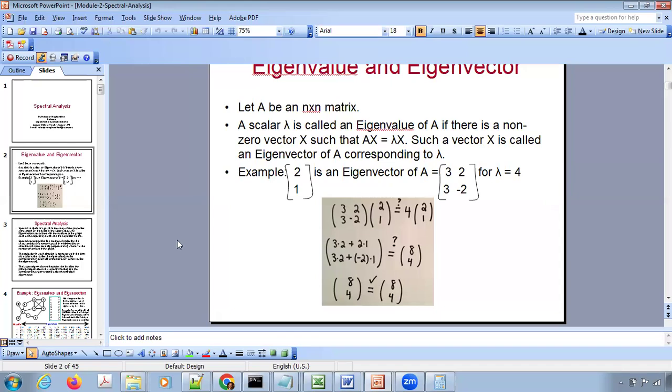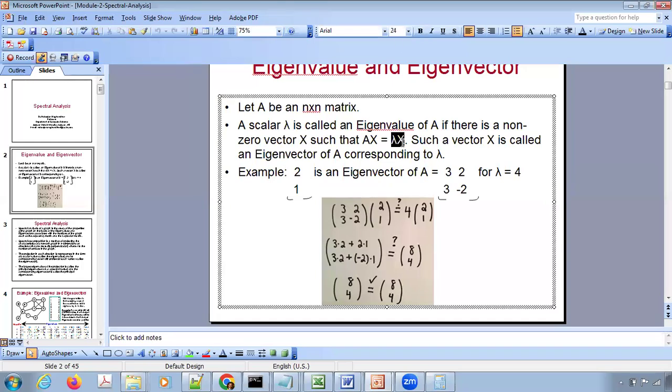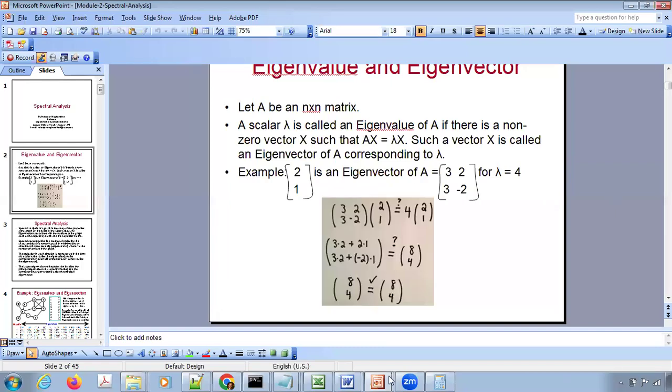Such that if you multiply the square matrix A with the eigenvector, which is a column vector, the product will be equal to the scalar eigenvalue multiplied by that column eigenvector. For each of those eigenvalues and eigenvectors, this property will be satisfied with the square matrix.